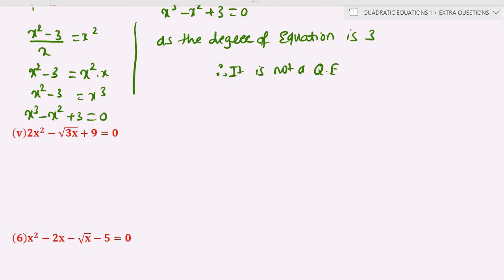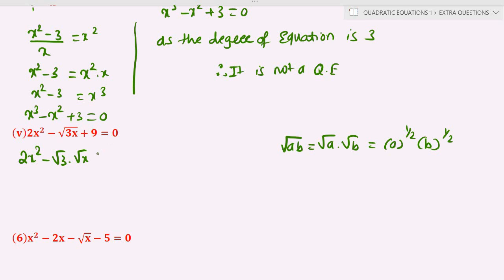And now to compare this equation, 2x square minus root 3, it can be written as root 3 into root x, because root AB is equal to, how can I write? Root A into root B. It can be written as A to the power 1 by 2 and B to the power 1 by 2. See what I am writing here?